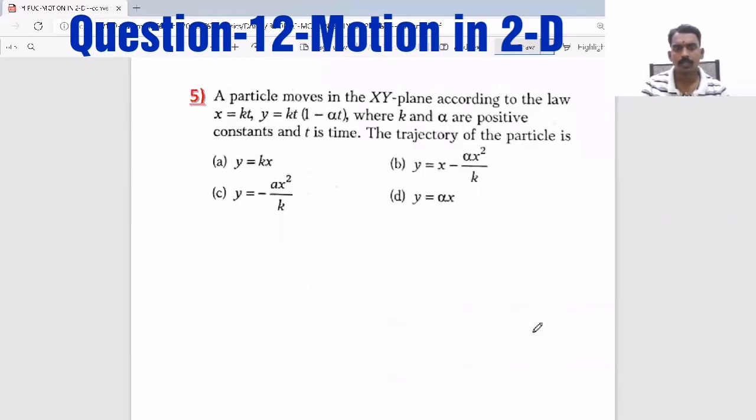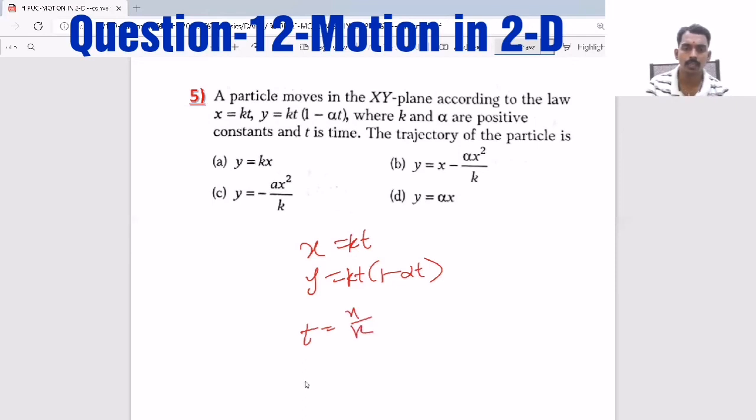Now let's take one last and final question. Sometimes they'll ask questions based on trajectory. Trajectory of a particle means the relation between x and y coordinates without involvement of time. So here one equation they have given x equals kt and another equation they have given as y equals kt into 1 minus alpha t. Now we have to remove t from both of them. So from the first equation t equals x by k.